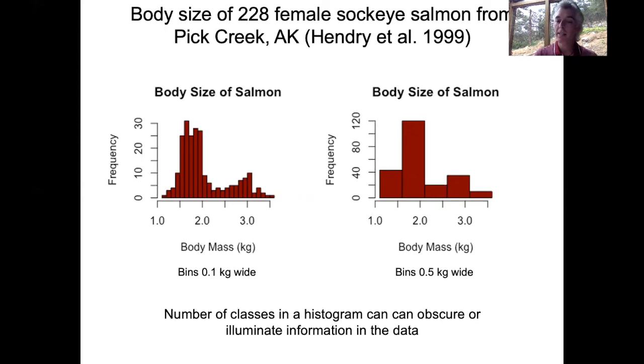Each bin represents a range of 0.5 kilograms wide. And the degree to which we can see patterns in the data can really depend on the size of those bins. So it's important to pay attention and try different bin sizes to determine whether the patterns that we're seeing are perhaps specific to the bin size that we've chosen.